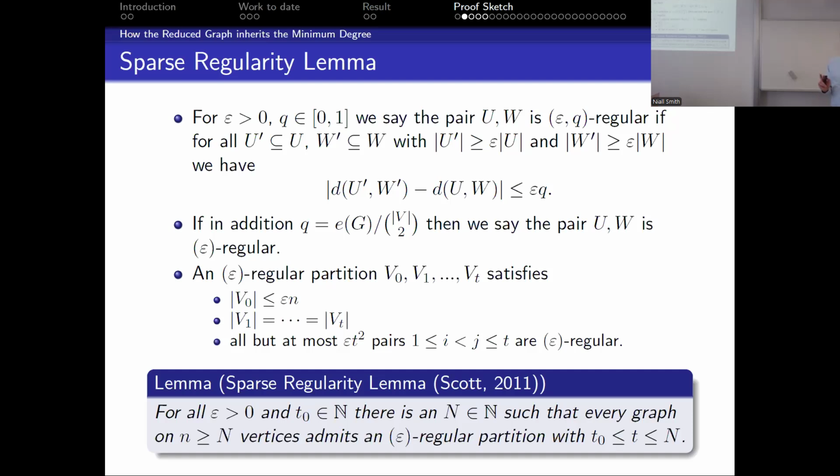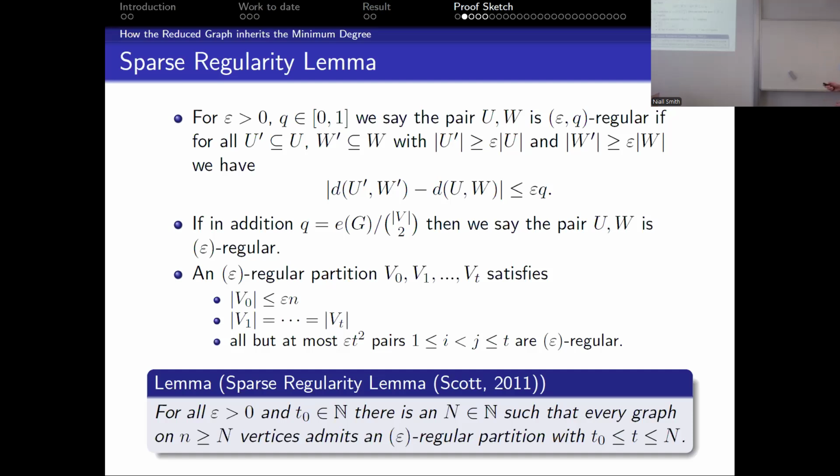Stop me if this is too easy, but with sparse graphs, as the edge density gets less and less, eventually every pair of sets of vertices is epsilon regular.